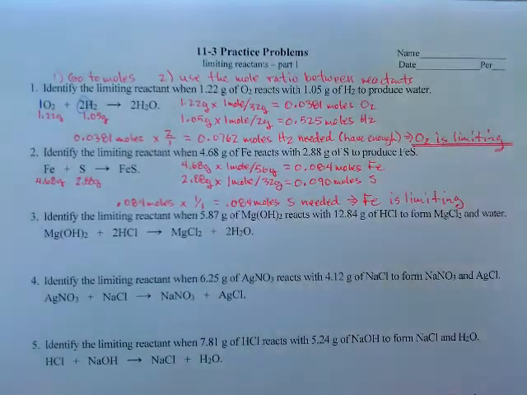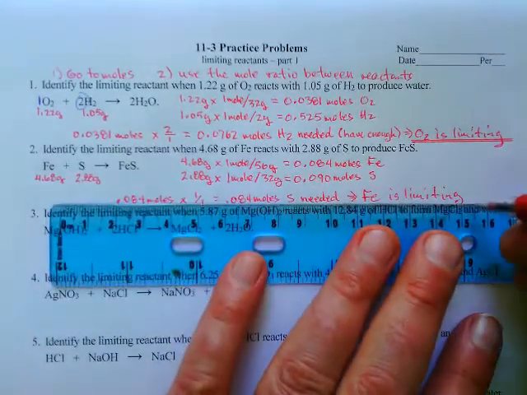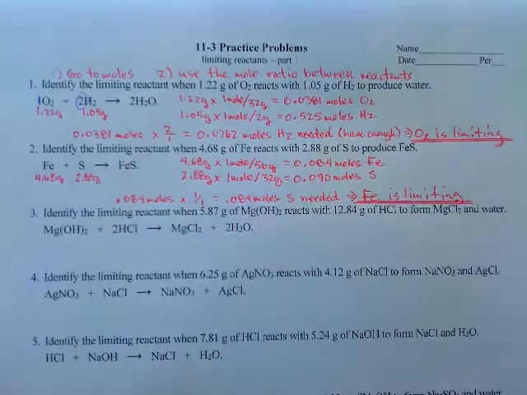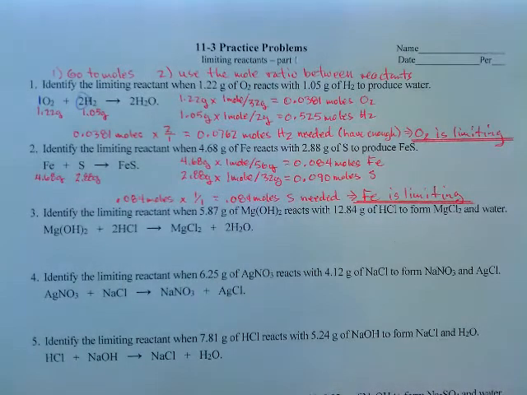So, when the ratio between the reactants is the same, 1 to 1, 2 to 2, that kind of thing, then the smaller one will be the limiting reactant.